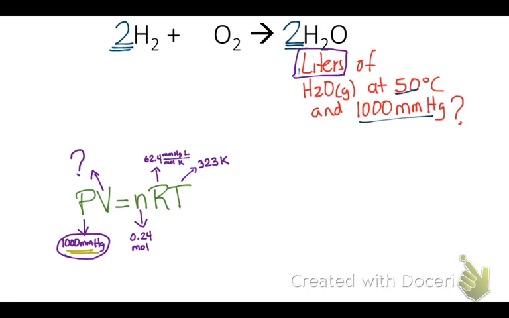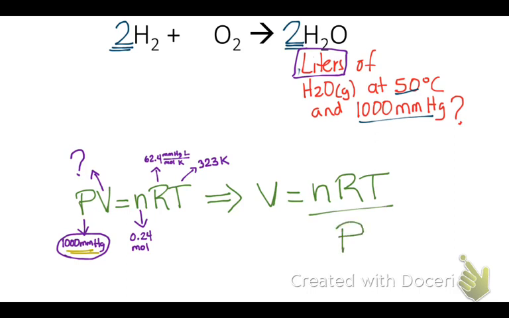So now we need to isolate volume from this. Volume will be nRT divided by P. Yes? If I replace this, n equals 0.24 moles.